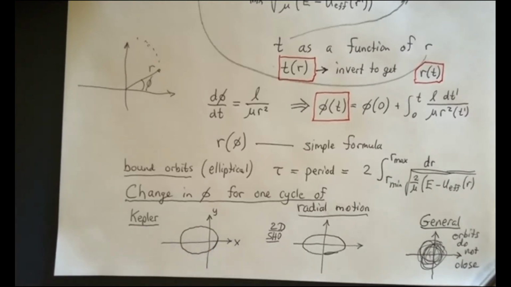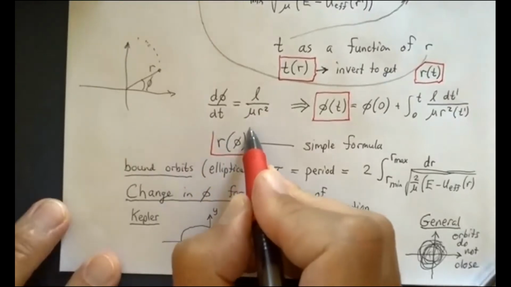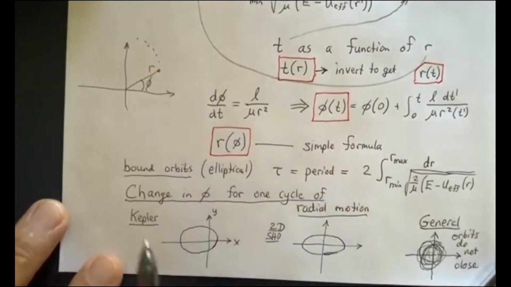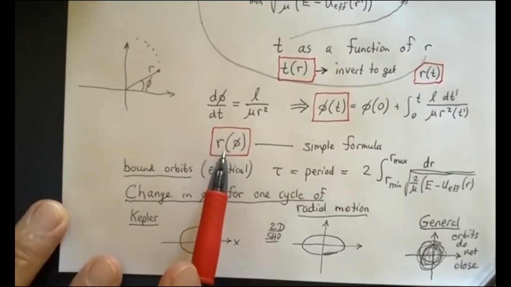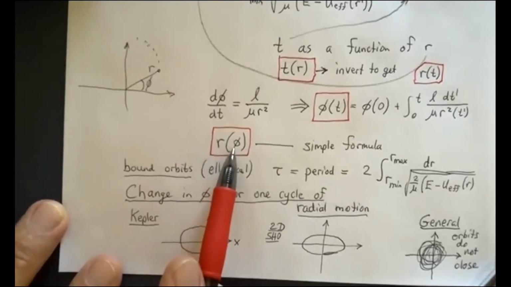Okay, so let's talk about how we're going to prove these fundamental results, and we're very interested in this one here. Let's not delay in putting some red color here. Okay, this is an important milestone, finding the functional relationship, and again, it's a simple formula, the functional relationship between r and phi.